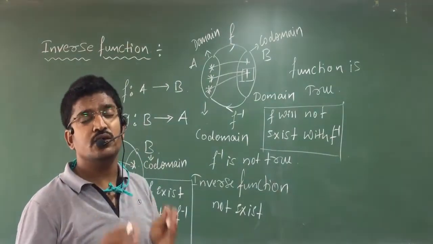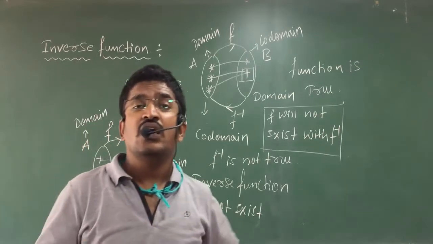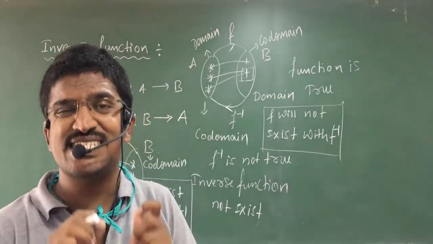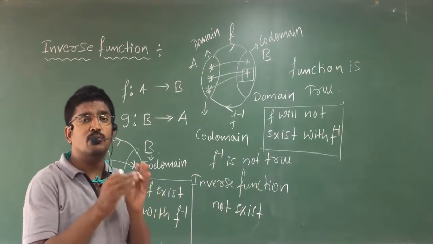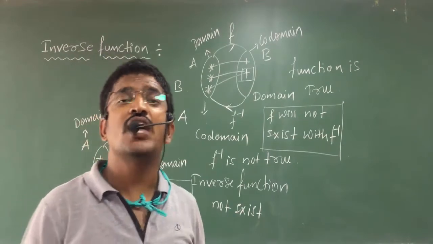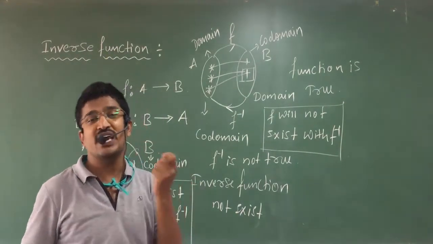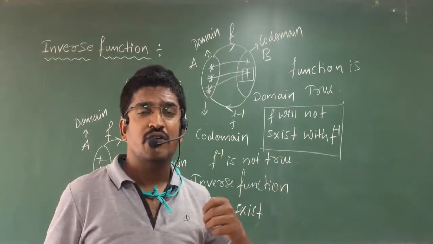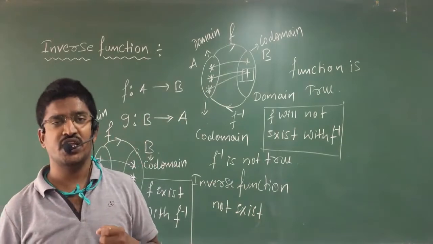So from this we come to know that if an inverse has to exist for any function, the first condition is it has to be both 1-1 and onto. You all know that if the function is both 1-1 and onto, we call it bijective. Clear? The function which is both 1-1 and onto is called a bijective function.